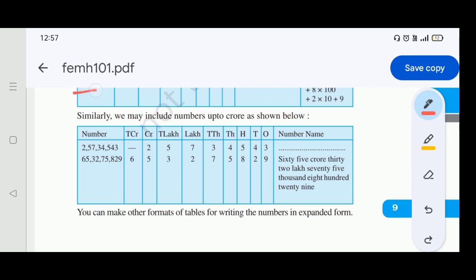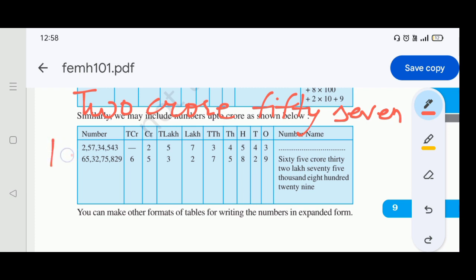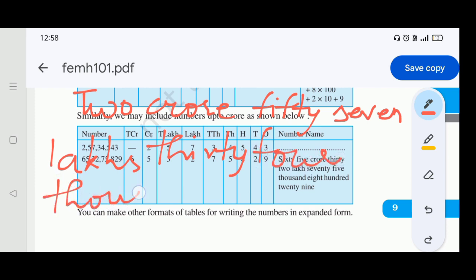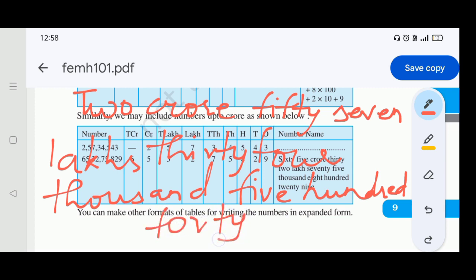So it is 2 crore 57 lakhs 34,543. I am repeating it again.